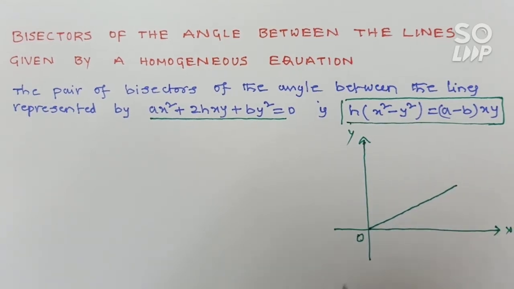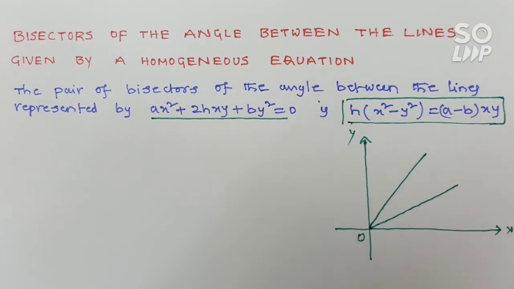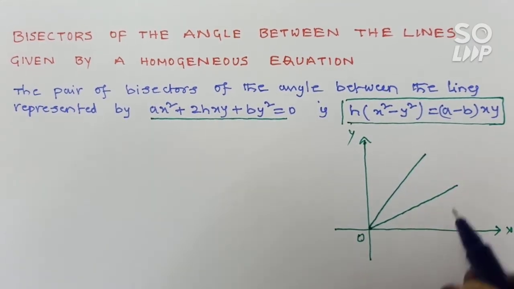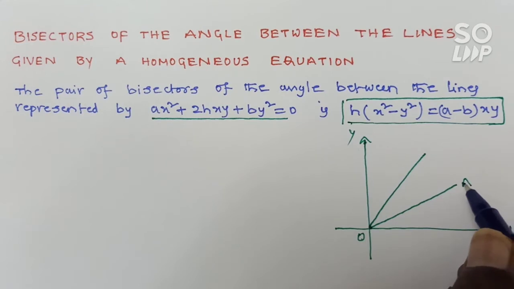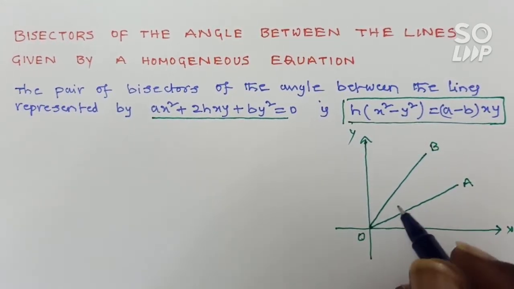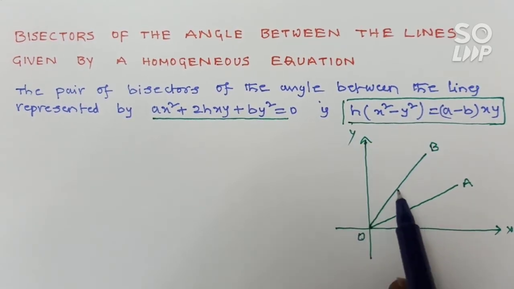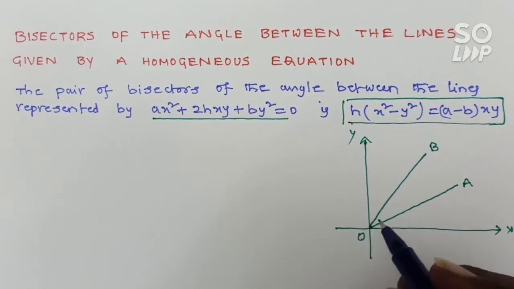One line is this one and another line is this one, right? Let them be OA and OB, and you have to find the pair of angular bisectors of these two lines.